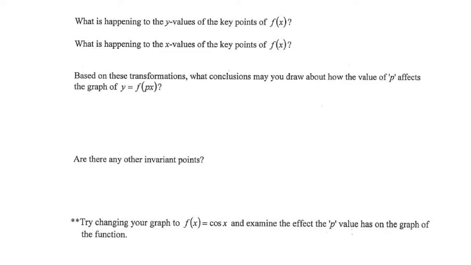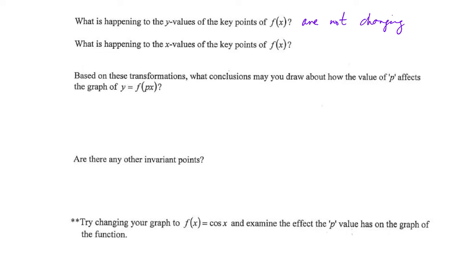Okay, so what we now have is kind of the same questions. What is happening to the y values of the key points of f of x? And we should notice that they are not changing. There is no change. My maximum values are still happening at 1.